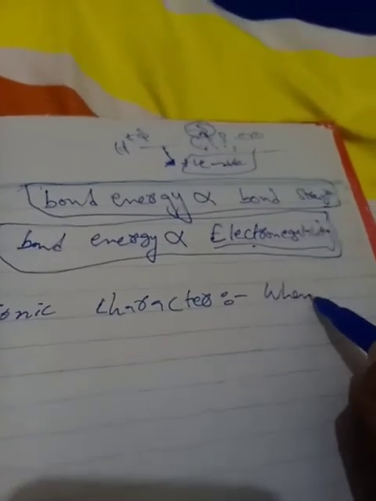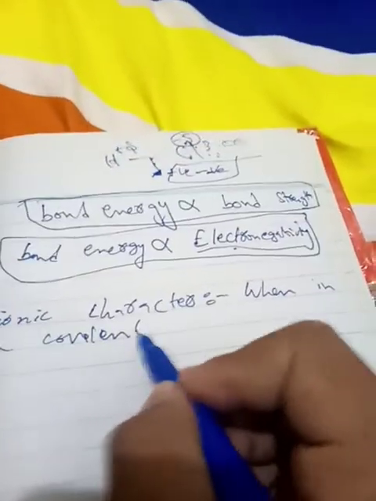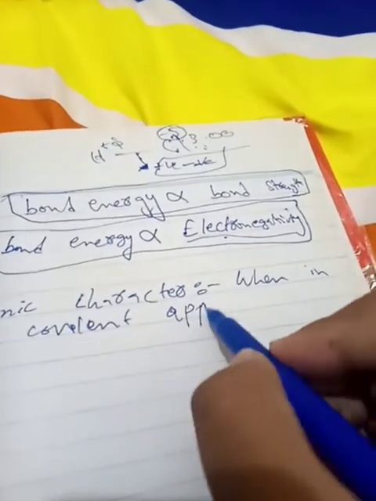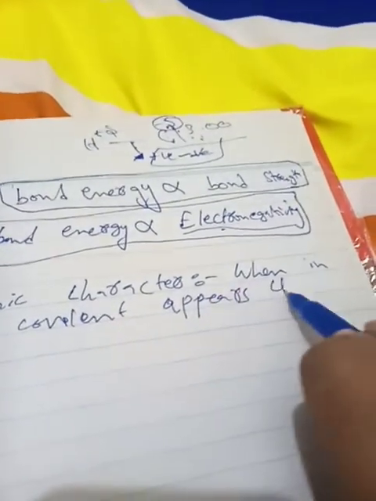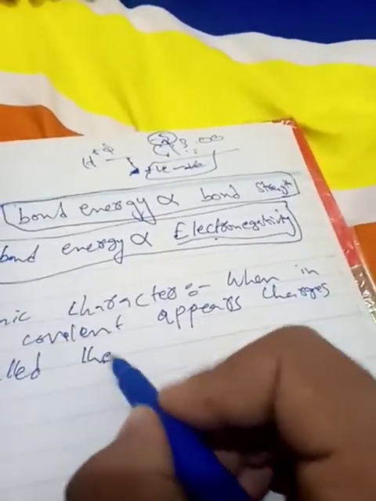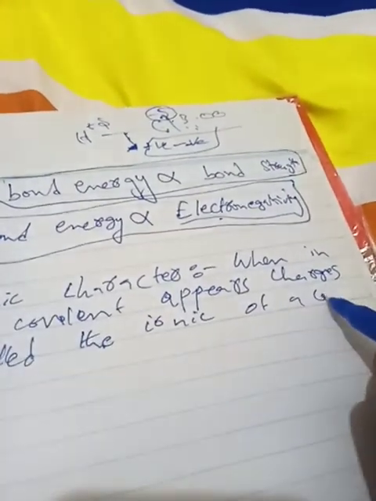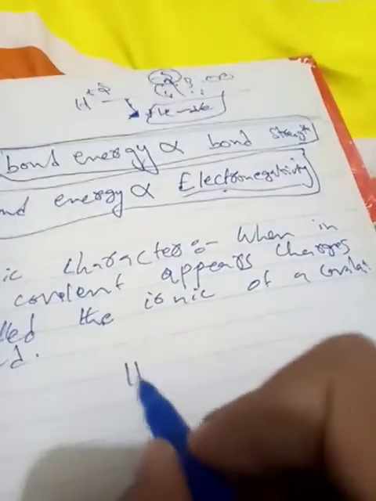When charges appear in a covalent bond, it is called the ionic character of a covalent bond.